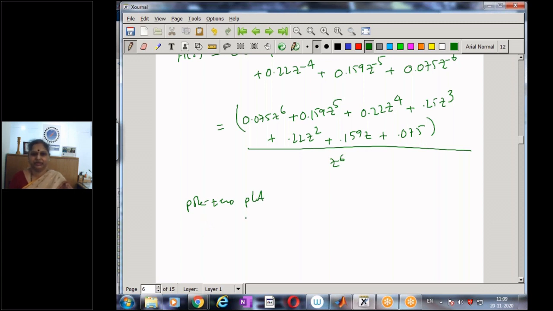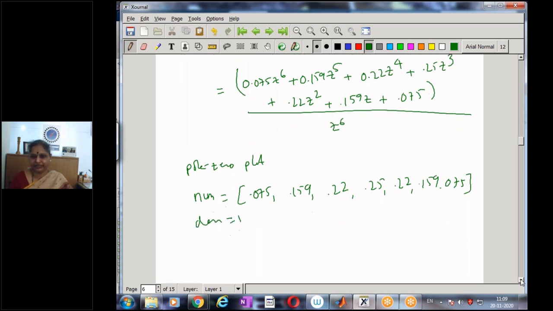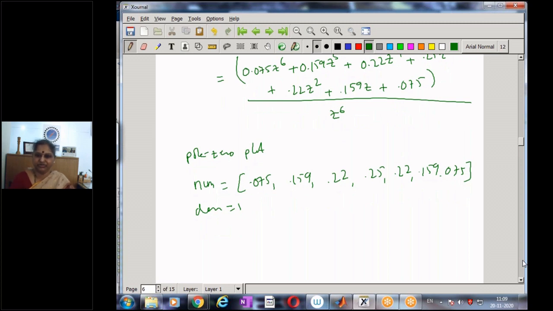So now I have my numerator as these coefficients, 0.075, 0.159, 0.22, 0.25, 0.22, 0.159, 0.075, and my denominator as 1. So now I can try to compute the pole zero plot as another form of representing the same design filter.